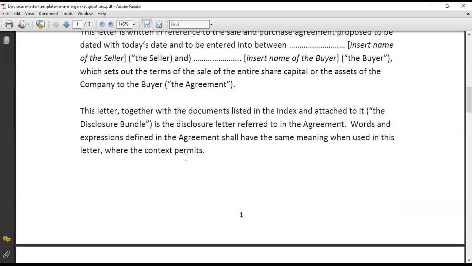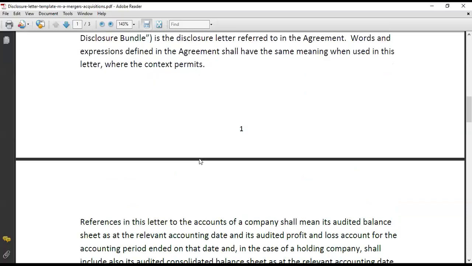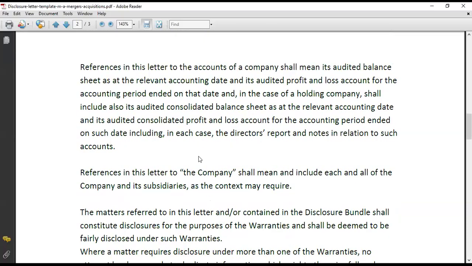The letter, together with the documents listed in the index attached to it, is the disclosure letter referred to in the agreement. Words expressed as defined shall have the same meaning where the context permits. Reference in this letter to the accounts of the company shall mean audited accounts.